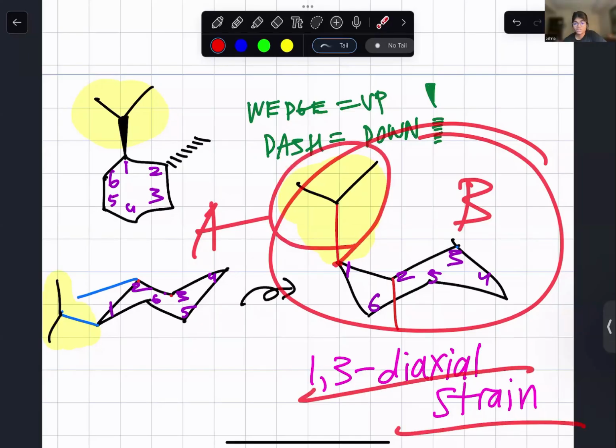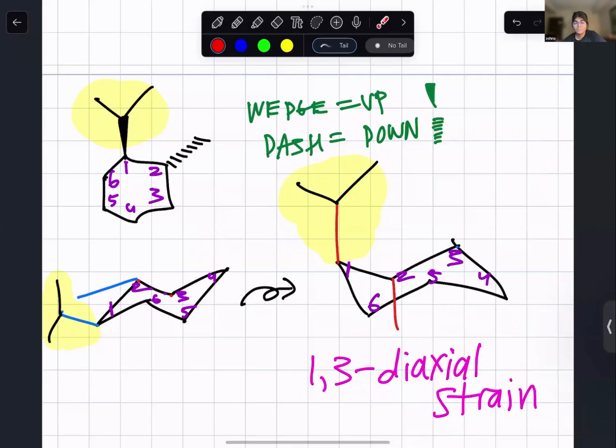I actually had a question regarding this. It's on the annotated problems. I thought I had that logic down. It's question number 6 on chapter 4 on the MCQs. Let me see. Question number 6.